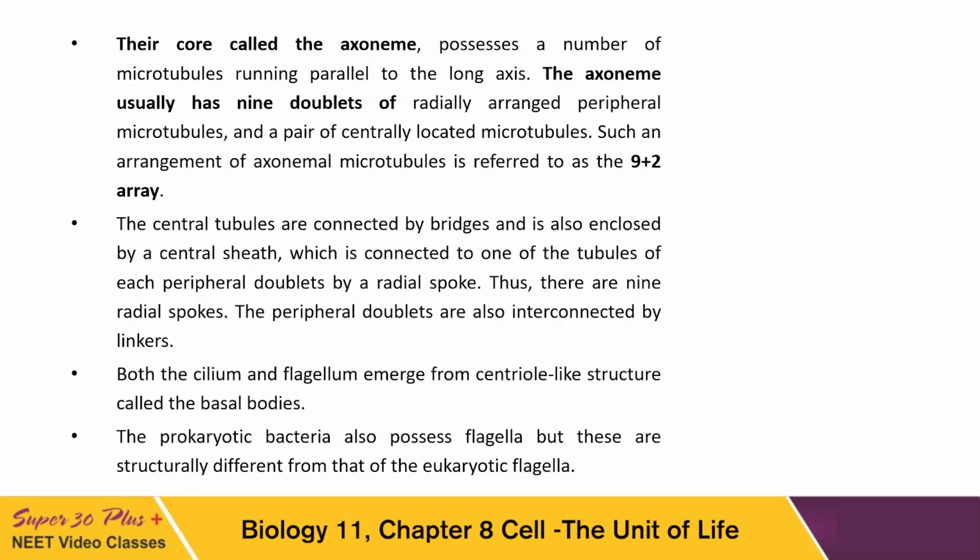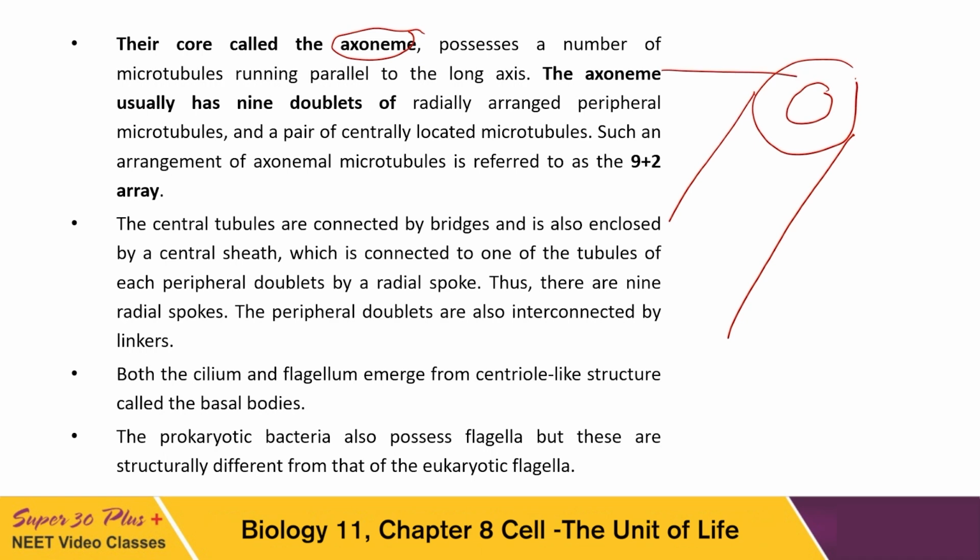Such a structure, the core of this flagella or cilia, is known as the axoneme. A number of microtubules run parallel to each other, along the long axis. These are lying parallel to the long axis.